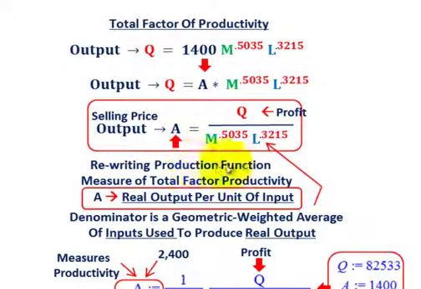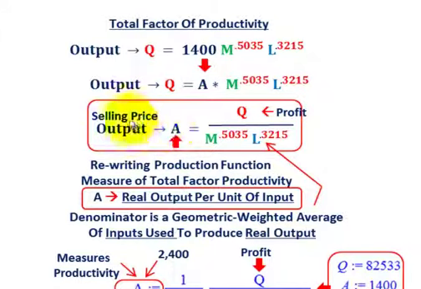Rewriting our production function, we're going to come up with the measure of our total factor of productivity. So what we do is just divide both sides by your material and labor, and that's going to give us your profit Q divided by our material and labor, and that's going to equal A, our selling price or our output here.